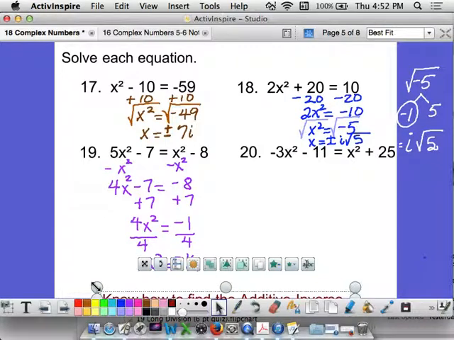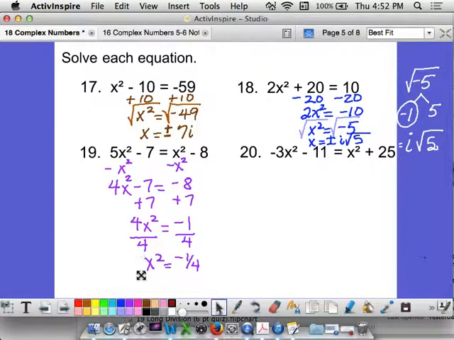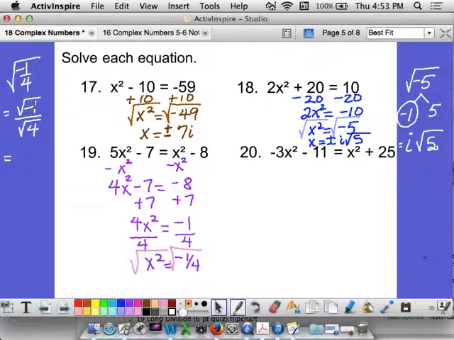All right, so from here, I need to take the square root of both sides. Now when I look at the square root of negative 1/4, that's the same as the square root of negative 1 over the square root of 4. Well, I know the square root of negative 1, it's i.